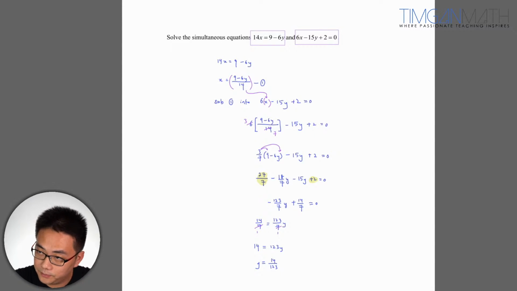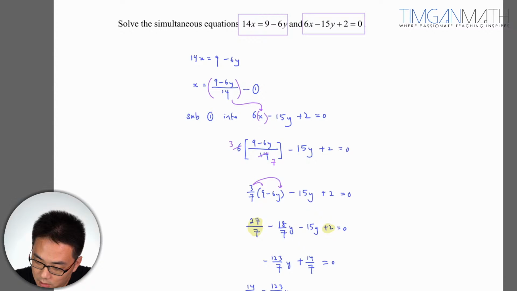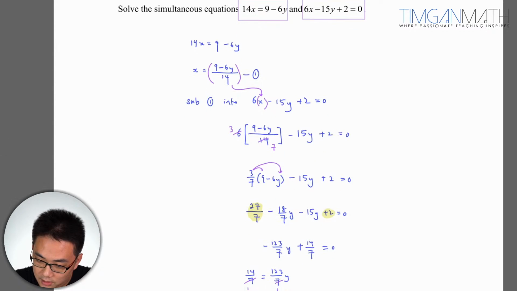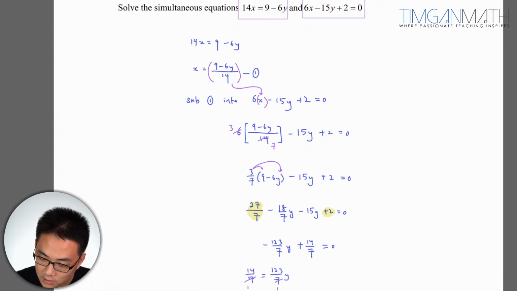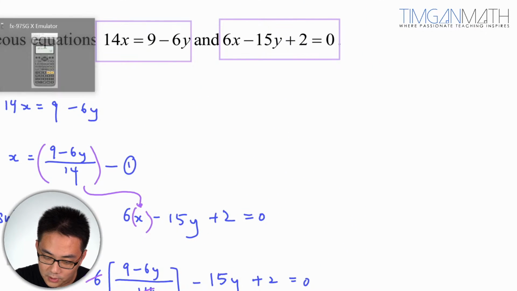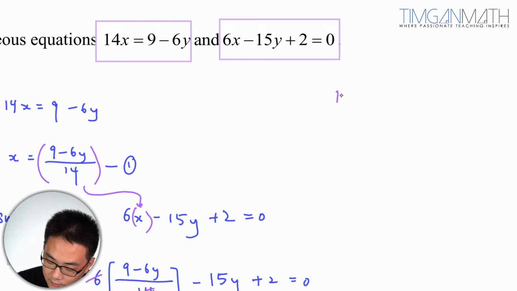You could also use some online calculator to find the answer. Or use a calculator. Yes, we could use a calculator. Calculator could make wonders for us, right? So I was just going to check. So this part will be 14x plus 6y equals 9. 6x minus 15y equals negative 2.